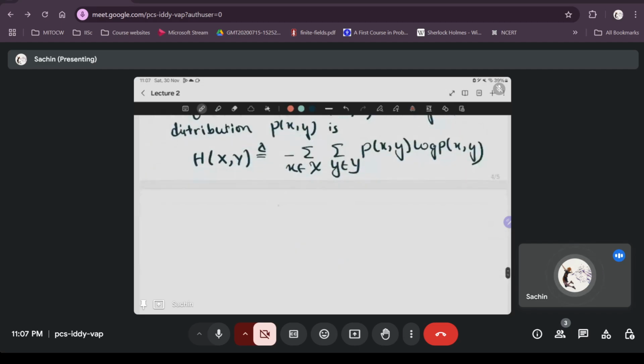Or compactly, you can write this as minus expected value of log of p of x comma y. That's the joint entropy.